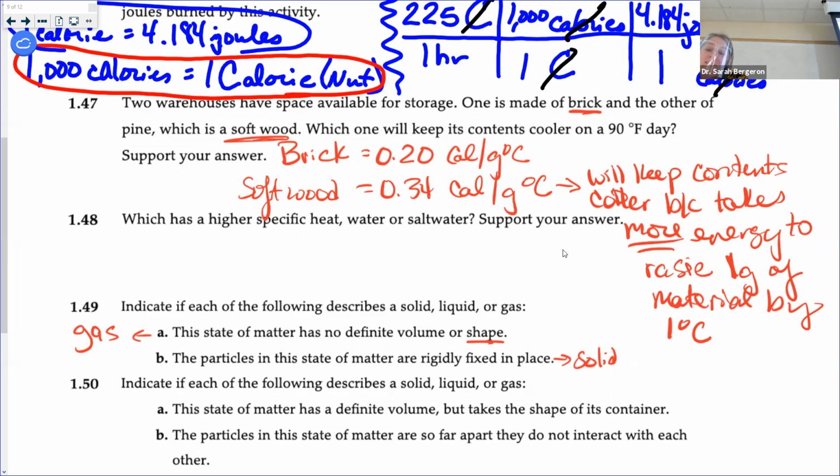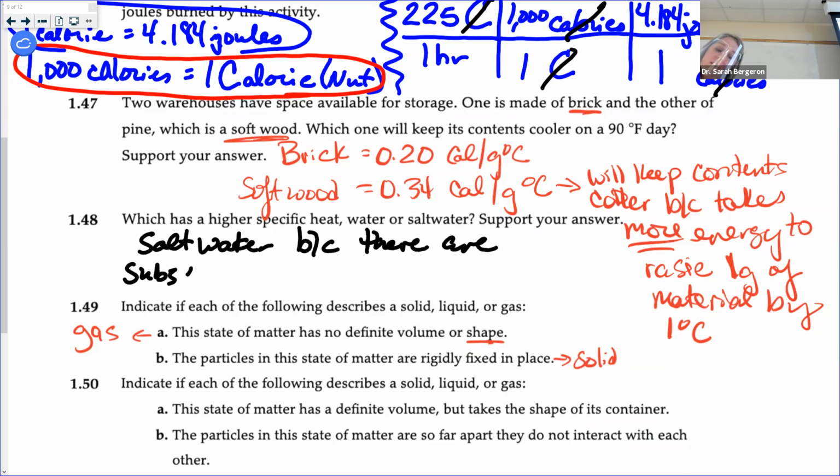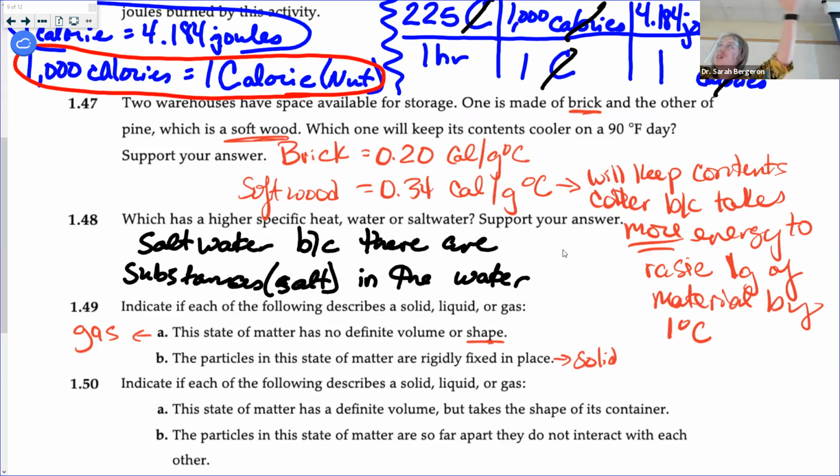Okay, so which has a higher specific heat, water or salt water? Salt water, why? Because there are, we'll just say substances, and this is salt, in the water, right? So it prevents those water molecules from transitioning from the liquid state to the gaseous state.